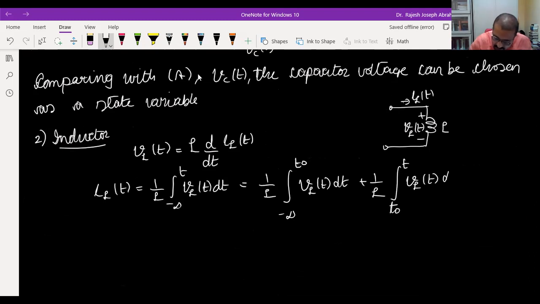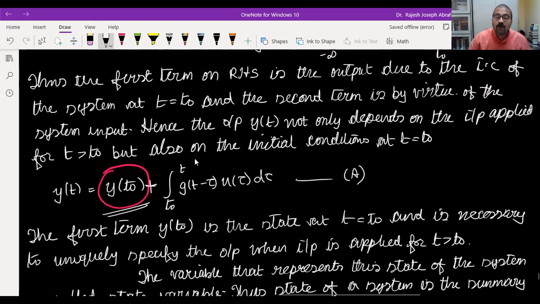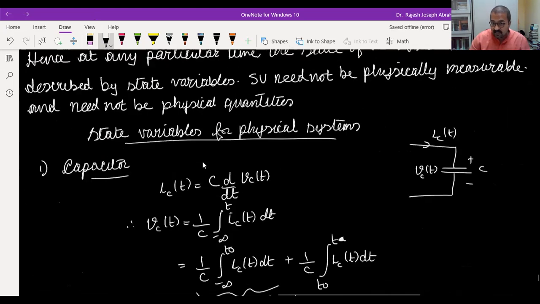Again, as before, what is this? This is the inductor current at the initial condition, and this is the current at any instant of time t. If you compare this with equation A, again we can see that the inductor current, not capacitor current, inductor current, qualifies to be defined as a state variable.